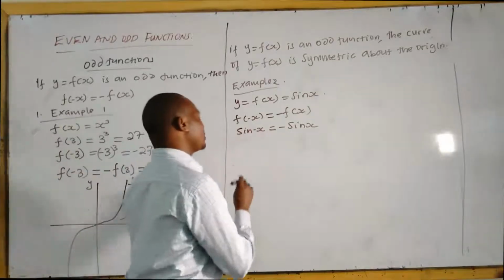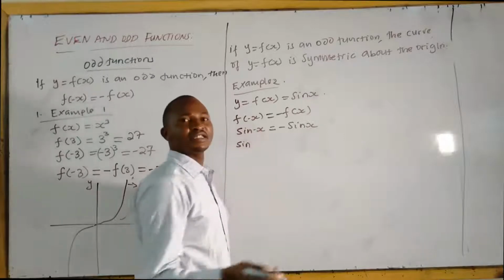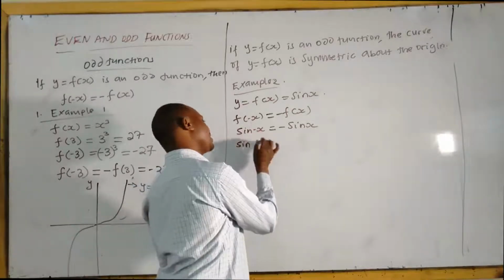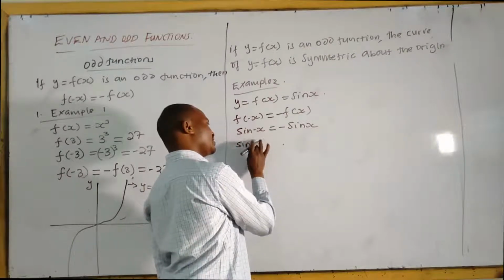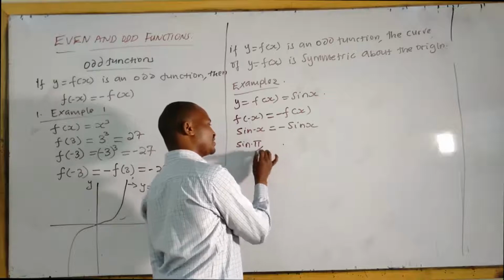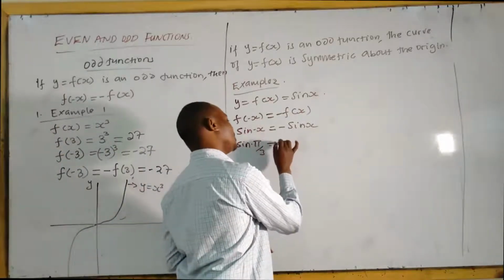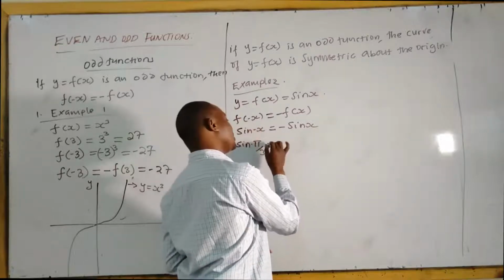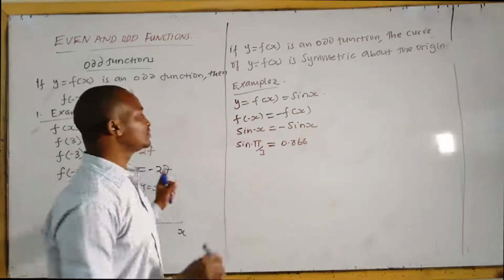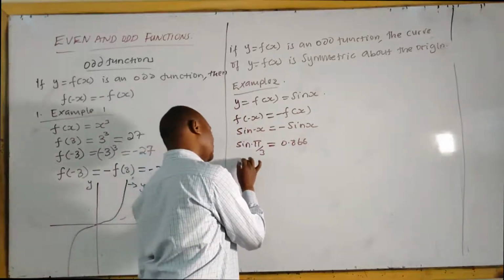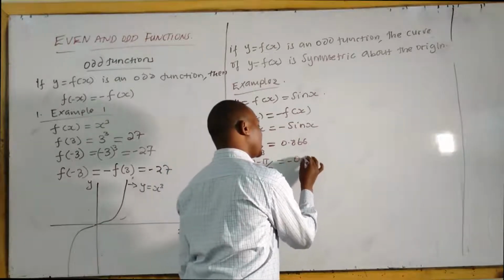What is the sine of 60 degrees? We start with the sine of 60 degrees. 60 degrees is the same as pi over 3. Sine of pi over 3 is equal to 0.866. Sine of negative pi over 3 is equal to negative 0.866.